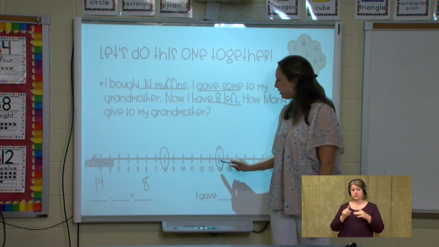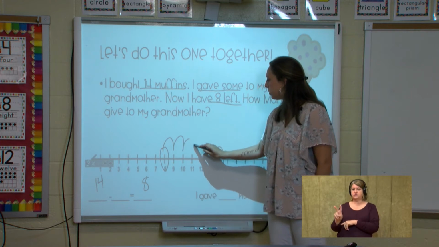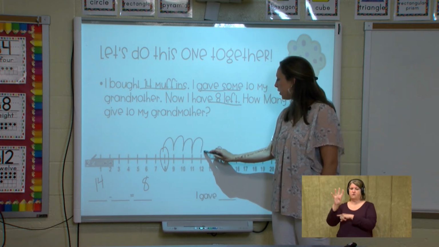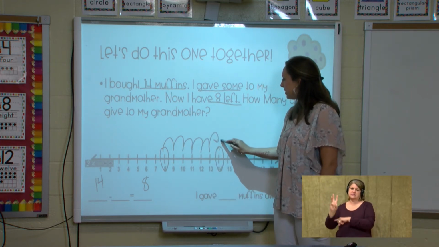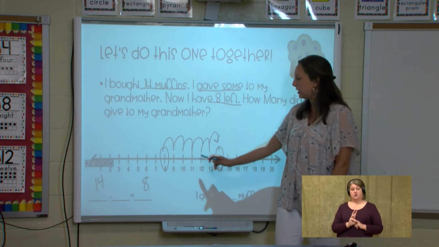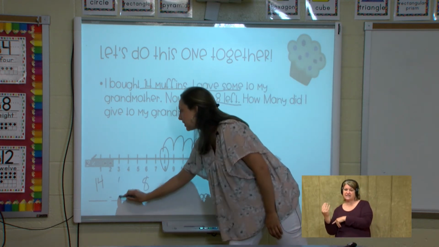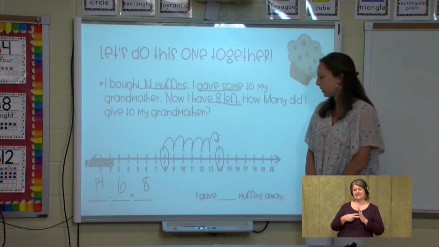Starting at 8, counting to 14. Here we go. 1, 2, 3, 4, 5, 6. When I counted from 8 to 14, there were 6 in between, so that means I gave 6 muffins away.